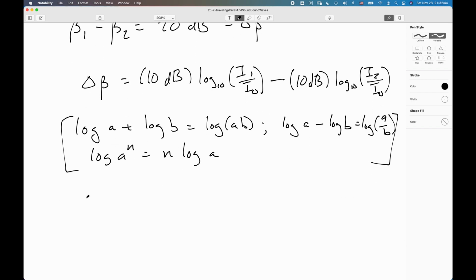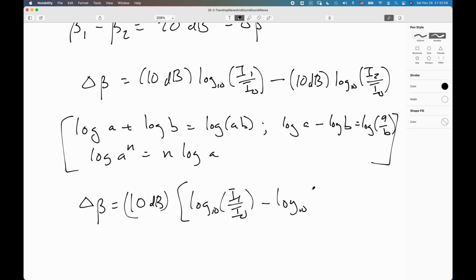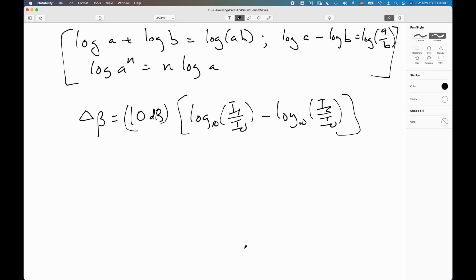So this looks awful, but all's not lost. We can pull out a 10 dB from both terms, right? And what have we got? We've got the log of I1 over I naught minus the log of I2 over I naught. And now we can apply that identity. So this change in intensity will be 10 dB times the log of the quotient of the arguments.